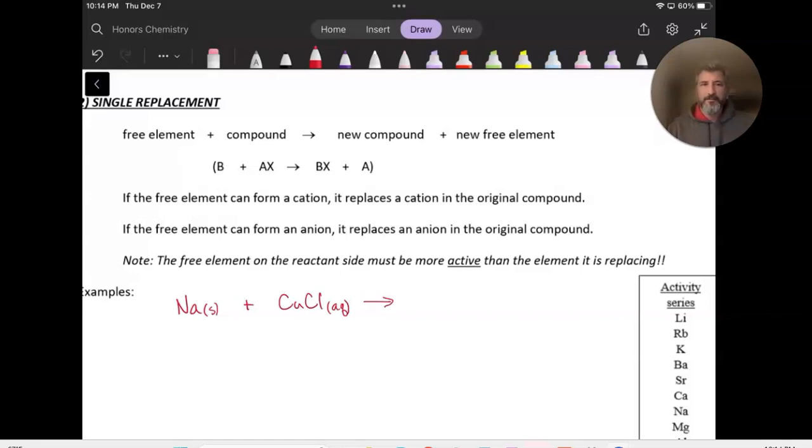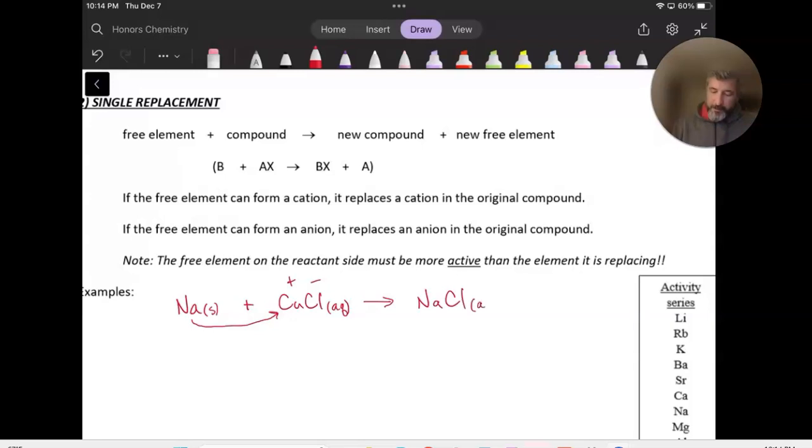And it says that if the free element can form a cation, it's going to replace the cation in the original compound. Well, of course, we know that the copper is the cation because copper is positive and chloride is negative, so cation, anion. And so it's the sodium that's going to be replacing the copper. And so that's going to leave us with sodium chloride.